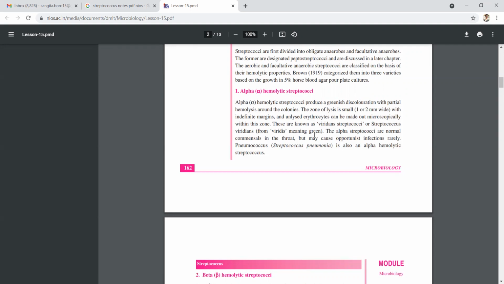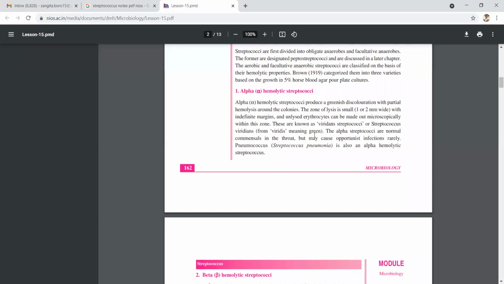The zone of lysis is small, just 1 to 2 mm wide, with indefinite margins, and unlysed erythrocytes can be made out microscopically within this zone. So in that small area, if you observe under the microscope, you will find a few erythrocytes which are unlysed.